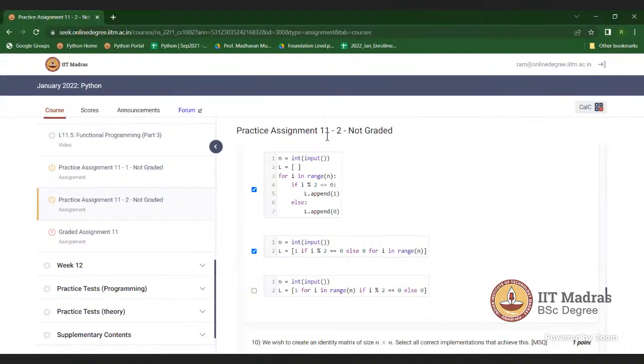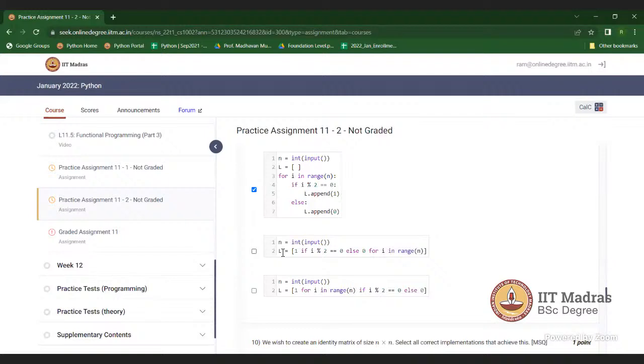I'll explain what the difference between both is, because I think you did not get the difference. Let's forget about this for a minute. The first one is going to loop for i in range of n, and the value is going to be 1 if i percentage 2 equals 0, else it's going to be 0.